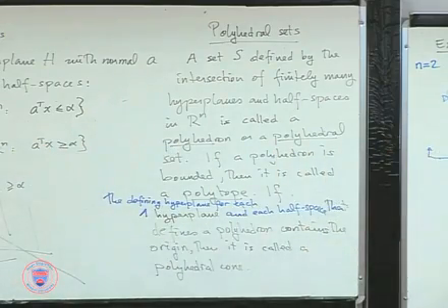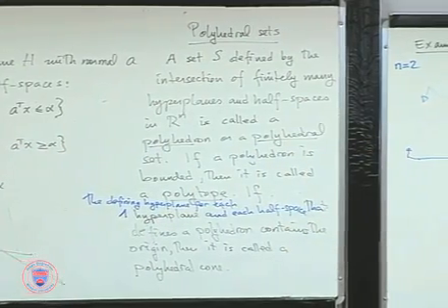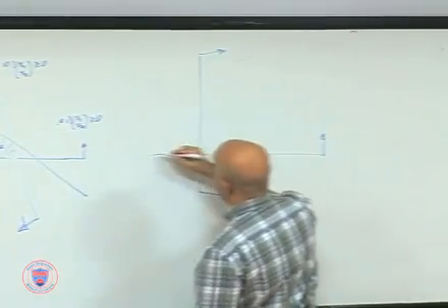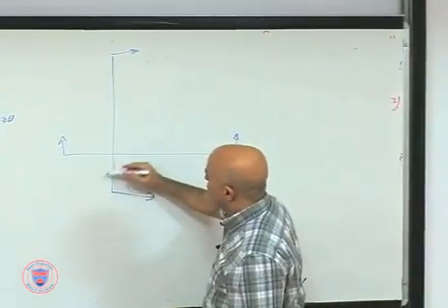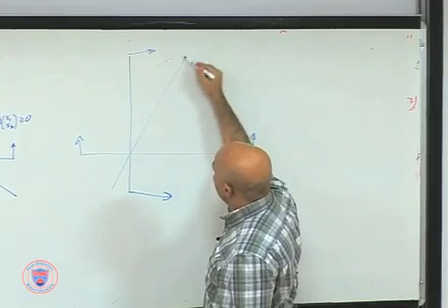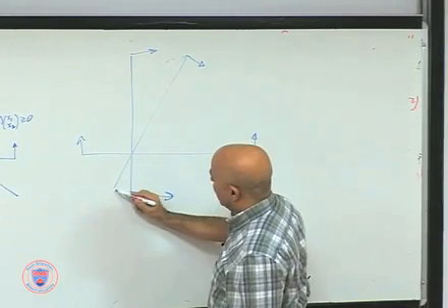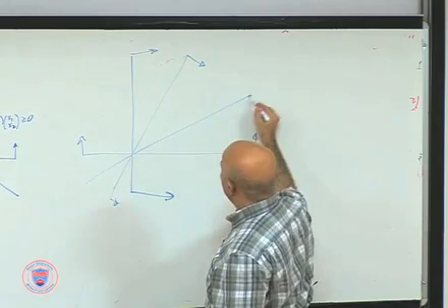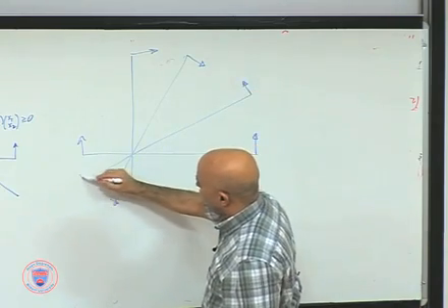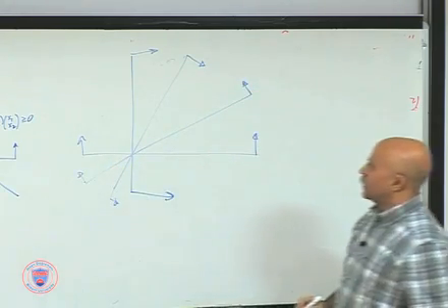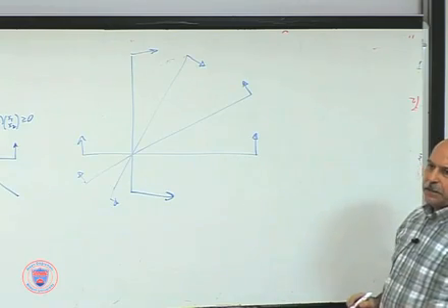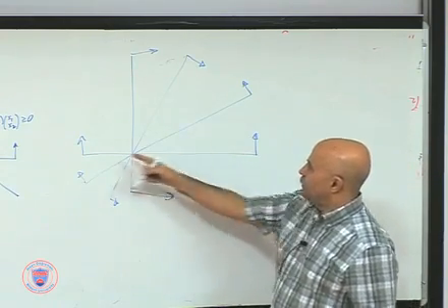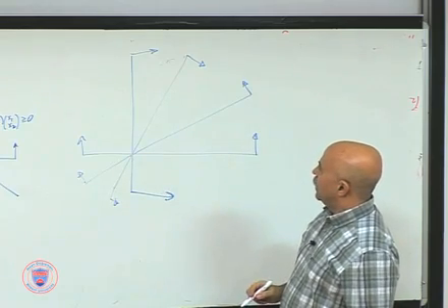So if you want to give an example for that, I've got 4 half spaces here defined by each of these lines.